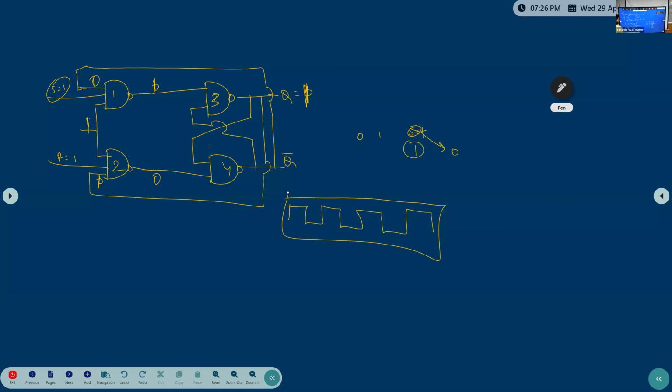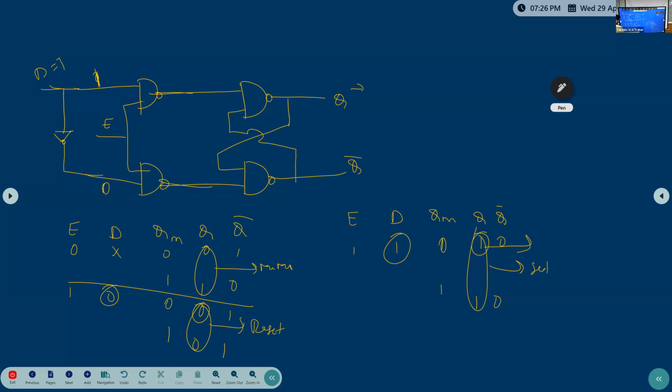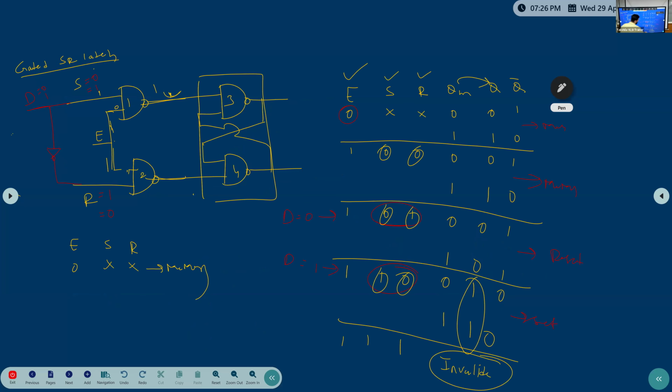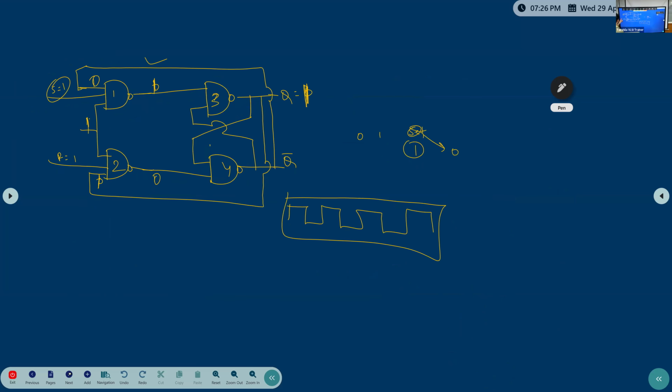If I go to the truth table of this circuit, everything else remains the same, and in the invalid state we need to write toggle mode. Getting it?